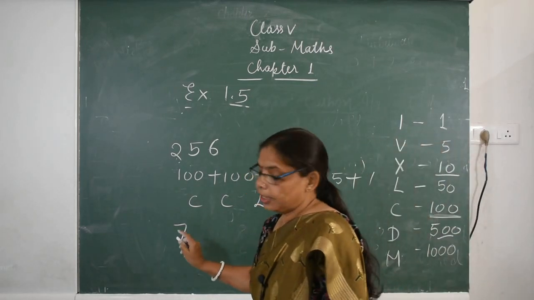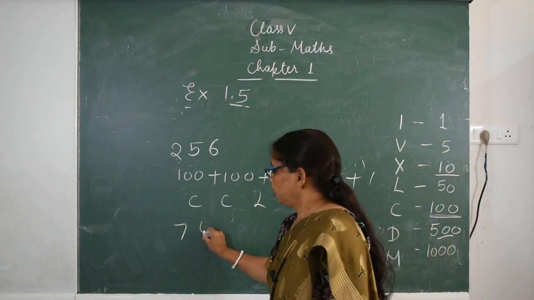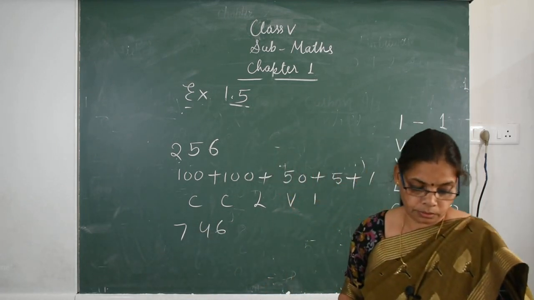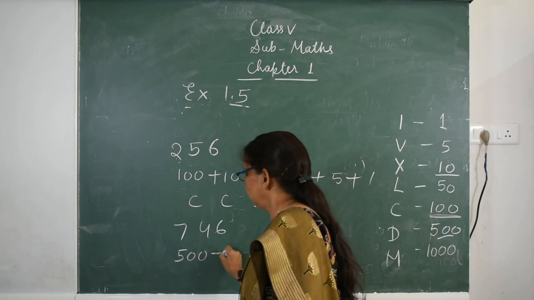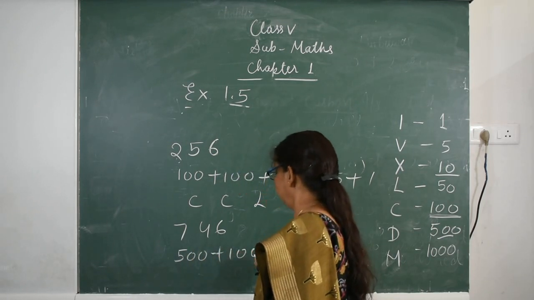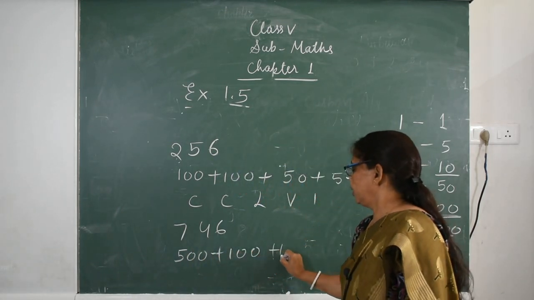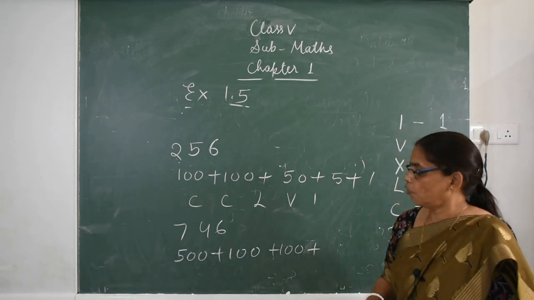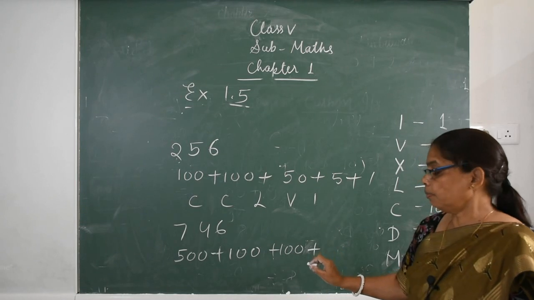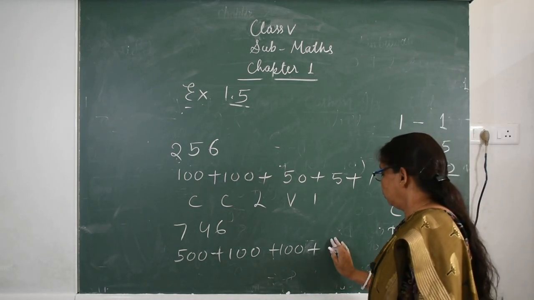Again an example: 746. So first we take 500 plus 100, 600, again 100, 700. Now 40. We don't have a symbol for 40, so we use 50.